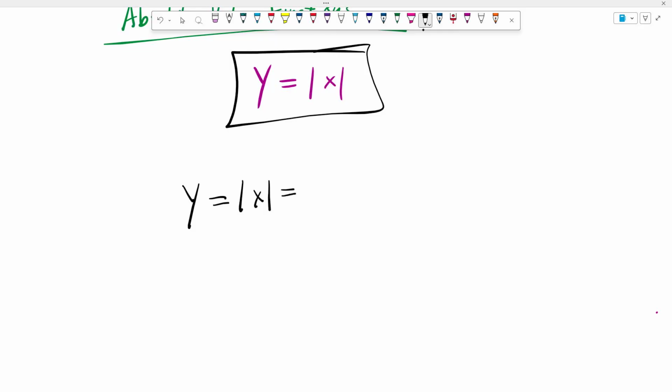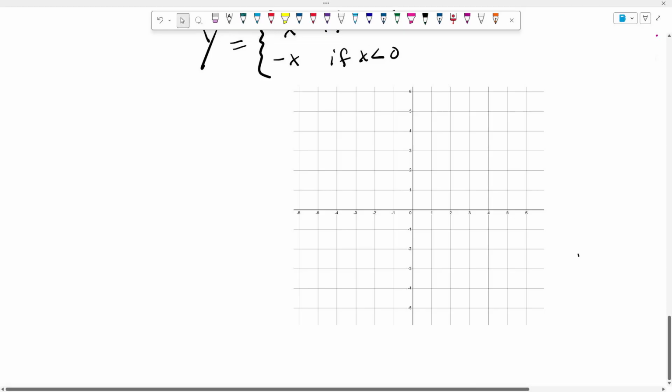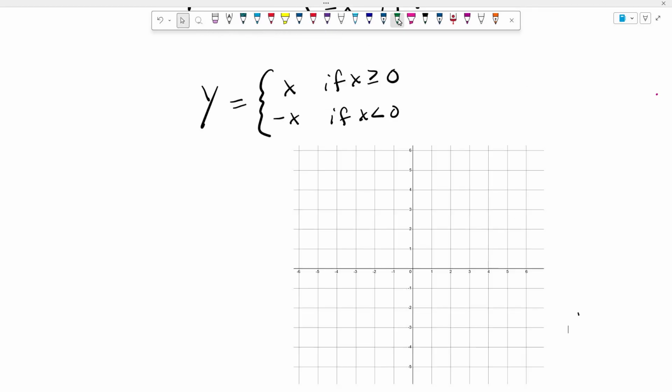And what is the piecewise? Okay, so this has two different pieces. The first piece is y equals x if x is greater than or equal to 0. And the other piece is y equals -x. Okay, these are both linear functions.